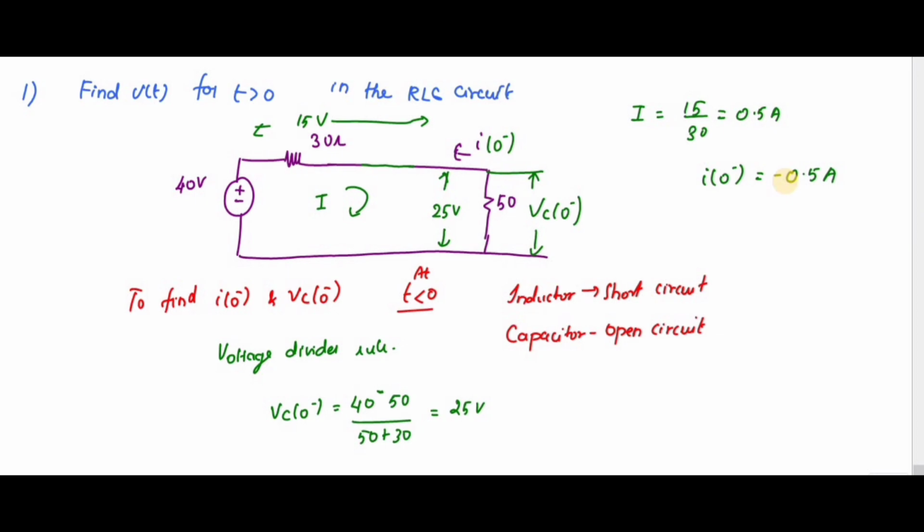So I have found the initial current and voltage. After that I have to go for t greater than or equal to 0. What will happen? The switch gets closed, which means I have to redraw the circuit. It will look like this.